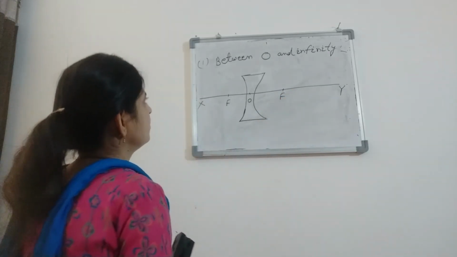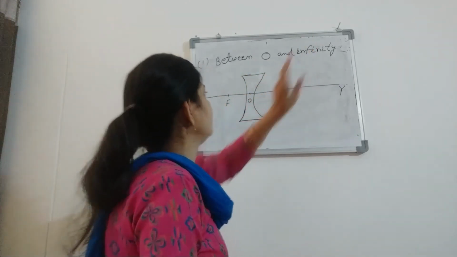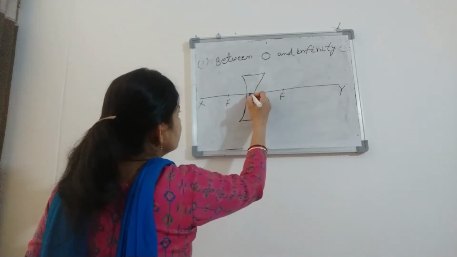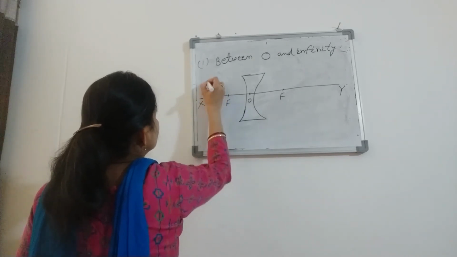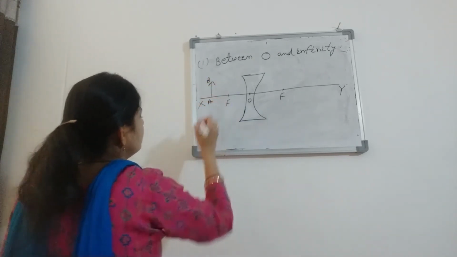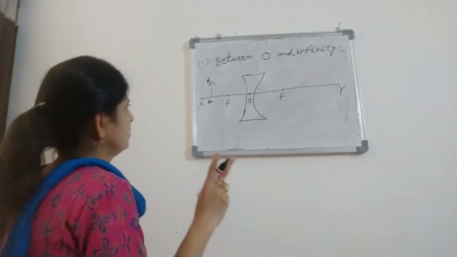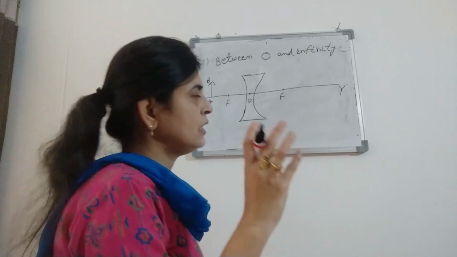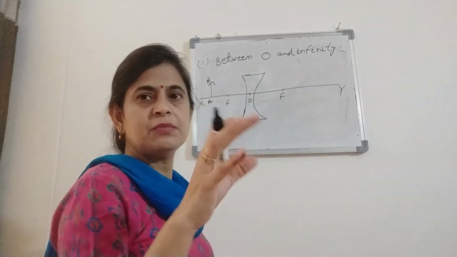Now place the object between optical center and infinity. This is your optical center. So suppose this is the position of the object. Now apply two rules so that we can find out the intersecting point, and at that point the image will be formed.